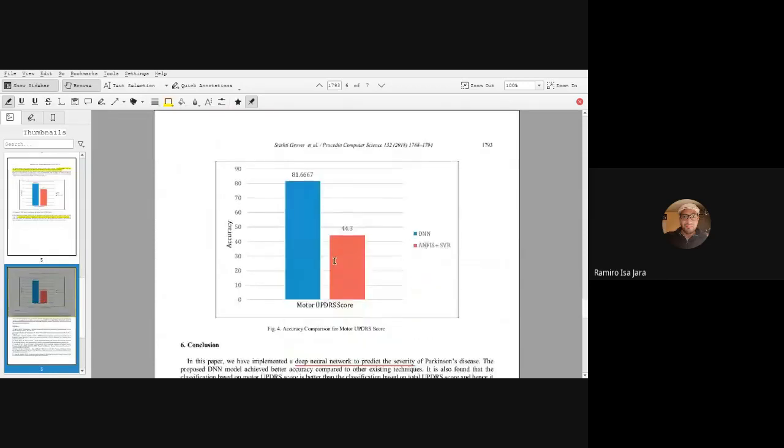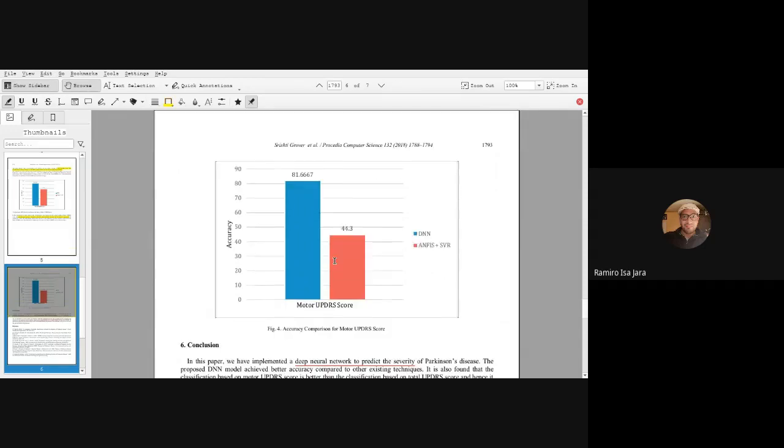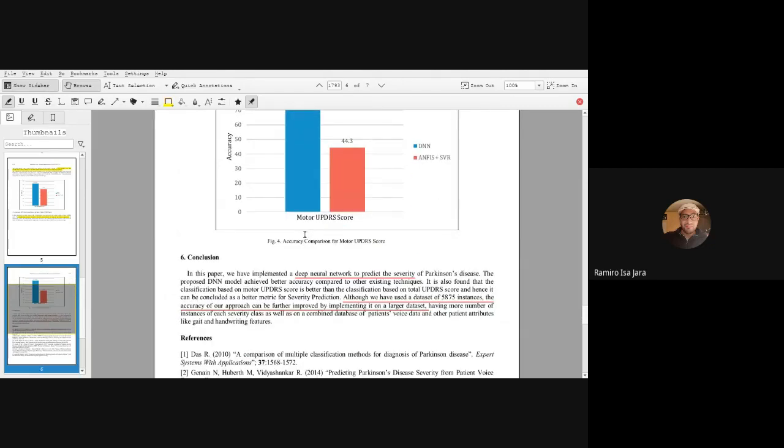And finally, in order to evaluate the classification of algorithms, the method presented in this research also improves the results of the normal method. In conclusion, the deep neural network can be applied in order to classify different information. In this case, the audio files are classified to define Parkinson's disease with high accuracy.